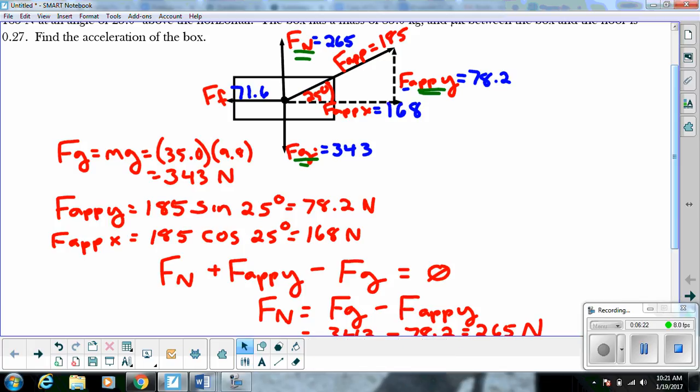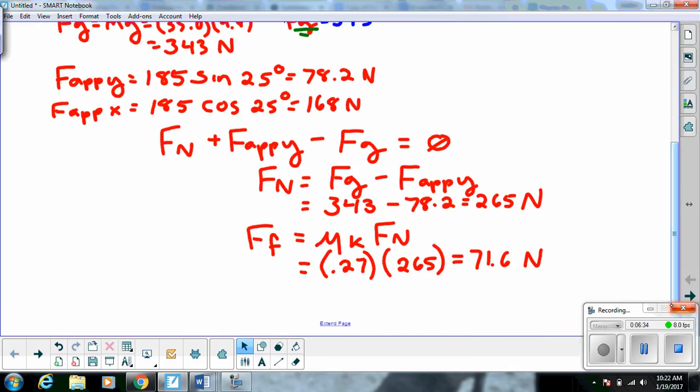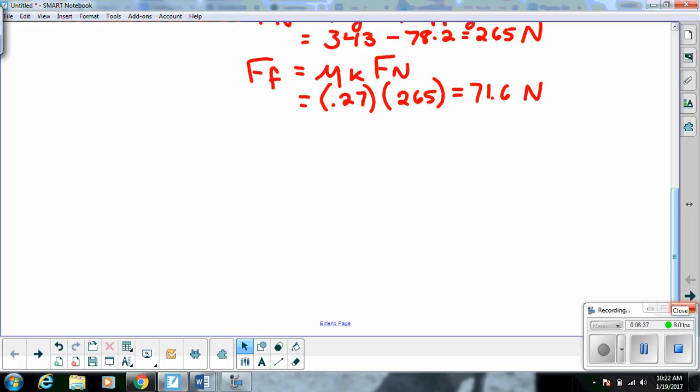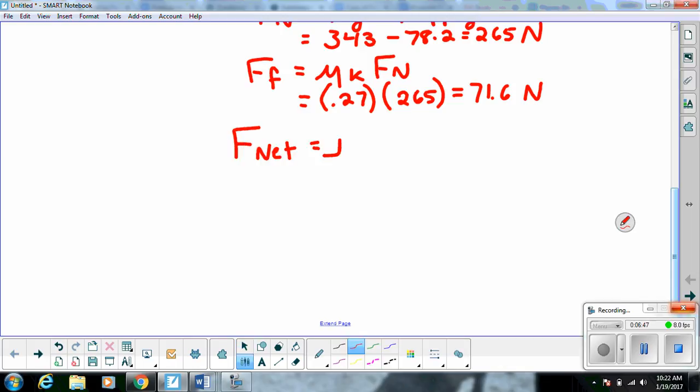Now, I do know that the box is moving to the right, let's say, in the direction of the applied force. So if I add the applied force in the x direction to the frictional force, its negative value, I should be able to get the net force of the system. So the net force is going to be the force applied in the x direction minus the frictional force.